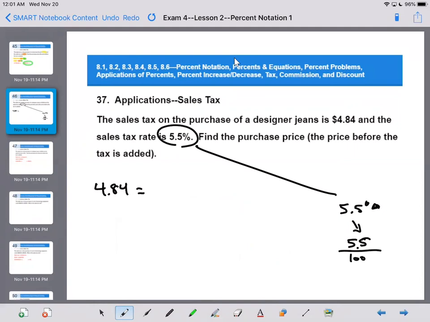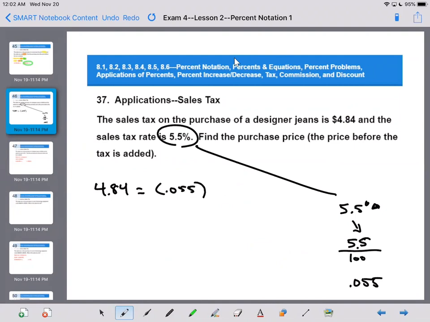Or 5 5/10 divided by 100. Okay, so when you take 5 5/10 divided by 100, you're actually going to get 55 thousandths.